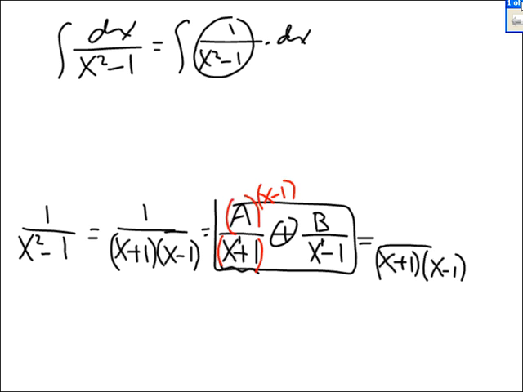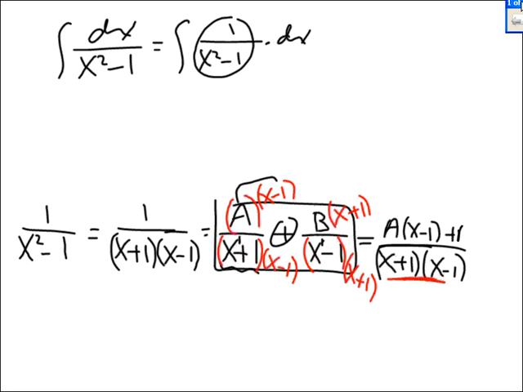The way I'm going to pick the 1 is x minus 1 over x minus 1. And for the b over x minus 1, to get this to be the denominator, I need to multiply top and bottom by x plus 1. So what I get on the numerator is a times x minus 1 plus b times x plus 1.